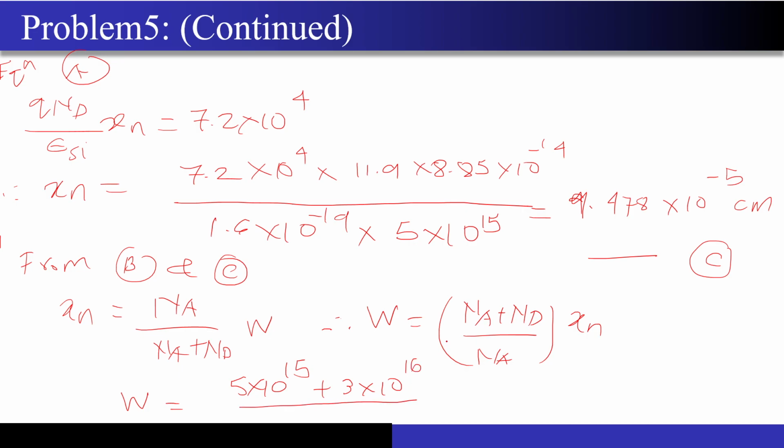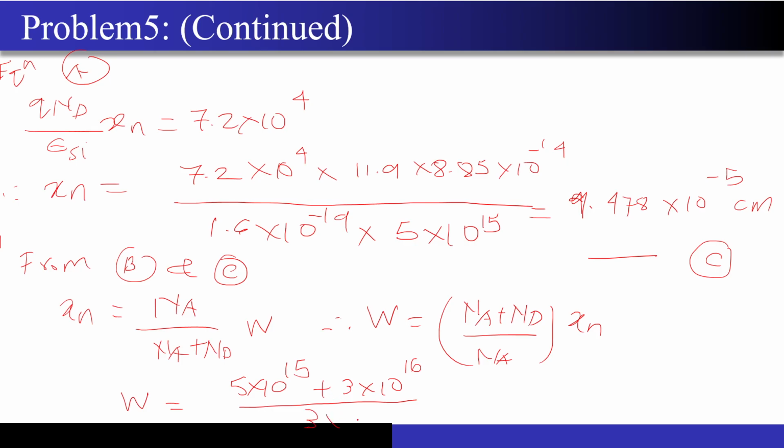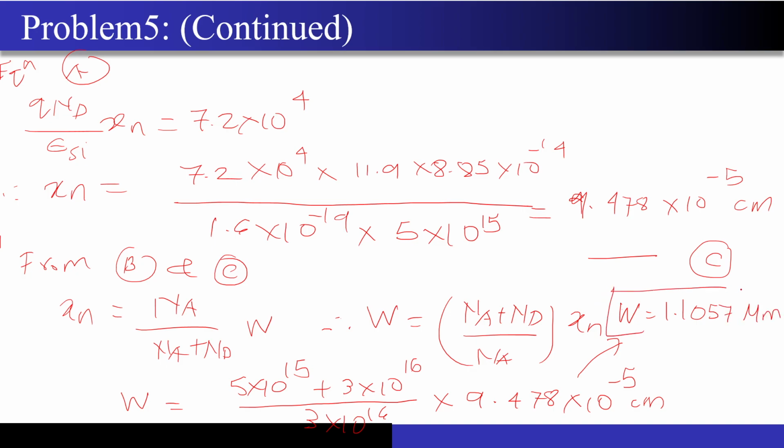Divided by Na. So what is the Na? Na is 3 into 10 to the power 16, and this is multiplied by the value of Xn that we had just calculated, 9.478 into 10 to the power minus 5 centimeters. So if you calculate this value of the W, then the W you will get is around 1.1057 micrometers. So this is the value of the width of the depletion region that you got, right?